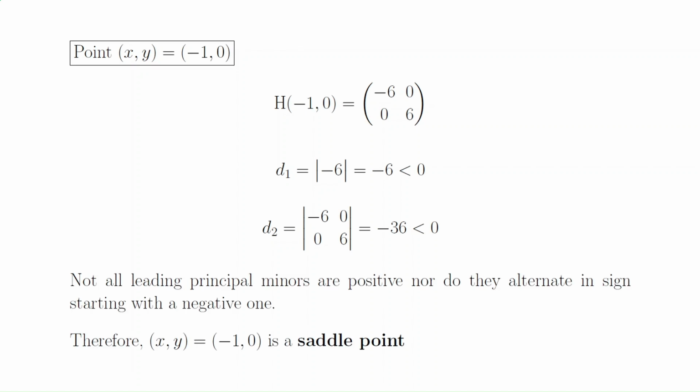So first, notice that all leading principal minors are non-zero. And now, according to the cases that were described earlier, notice that we are not in case 1, because not all leading principal minors are positive. And we are not in case 2, because there is not an alternation of signs starting with a negative. Thus, we conclude that the point -1, 0 is a saddle point.